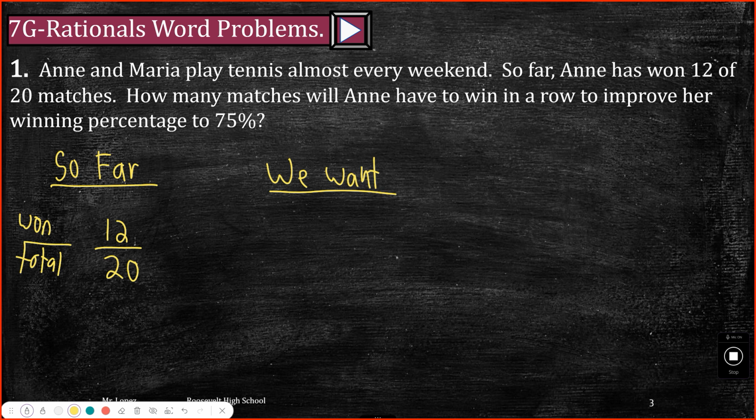And you can do this percentage. Who can tell me what the percent is? What is her winning percentage so far? 60%. Let me tell you one way I do this: if I multiply the bottom by 5, and I multiply the top by 5, what's 20 times 5? 100, and then 12 times 5 is what?